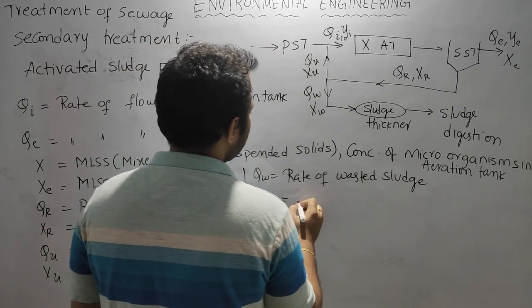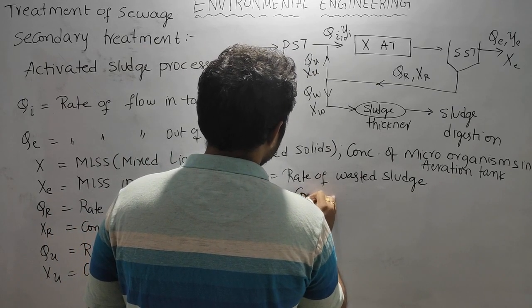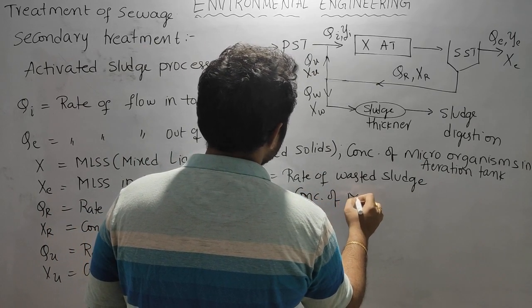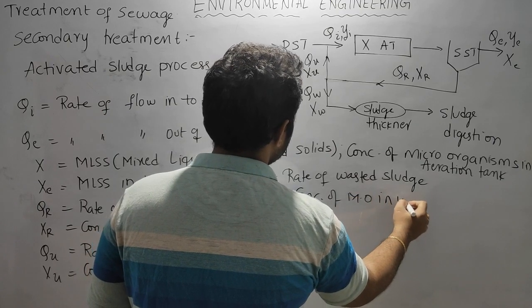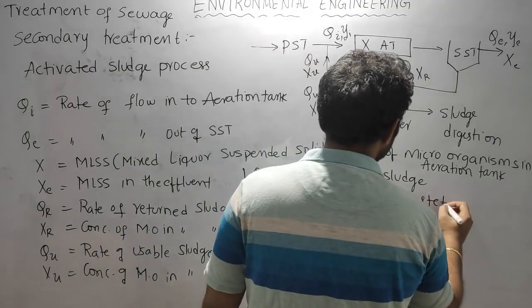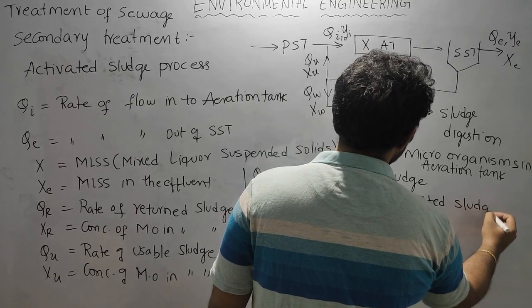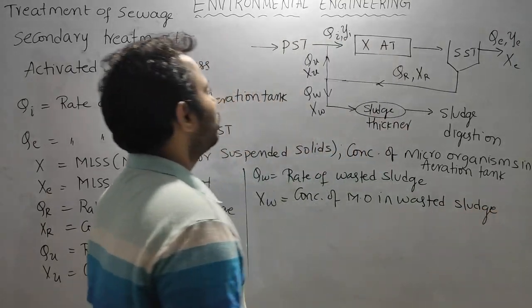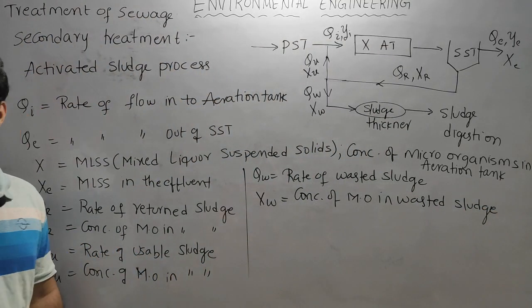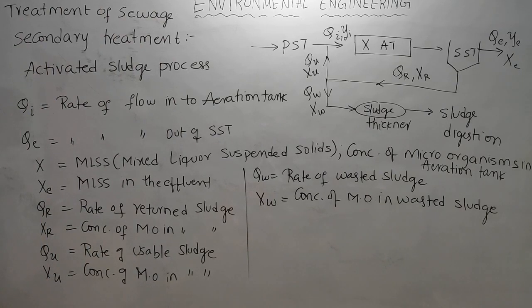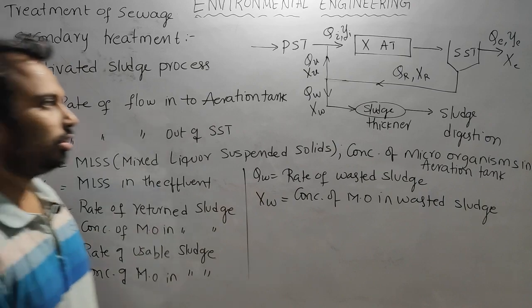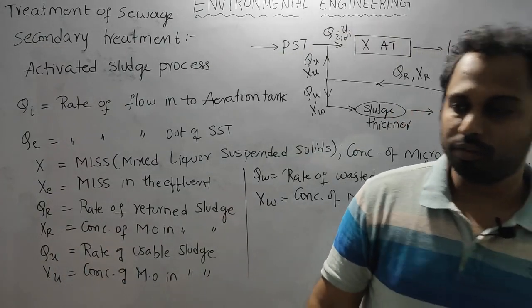XW is the concentration of microorganisms in wasted sludge. So these are the different terms which we generally use to analyze the activated sludge process.